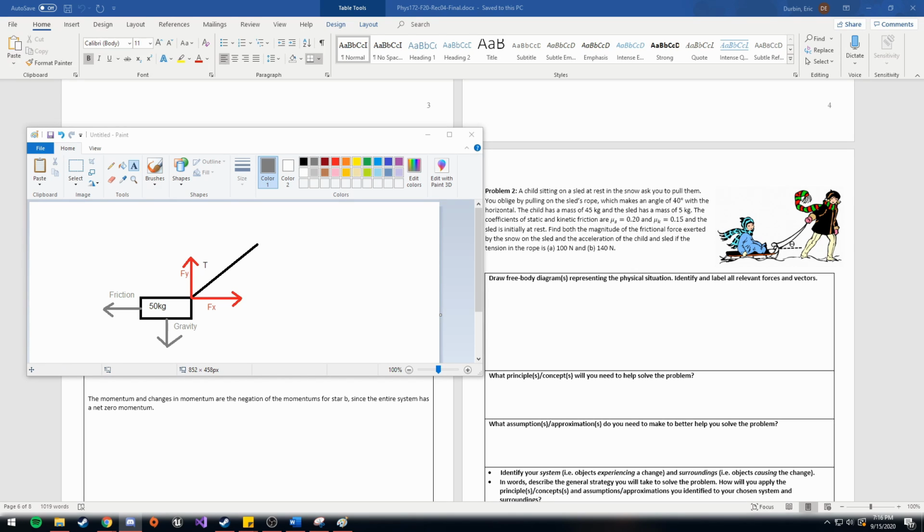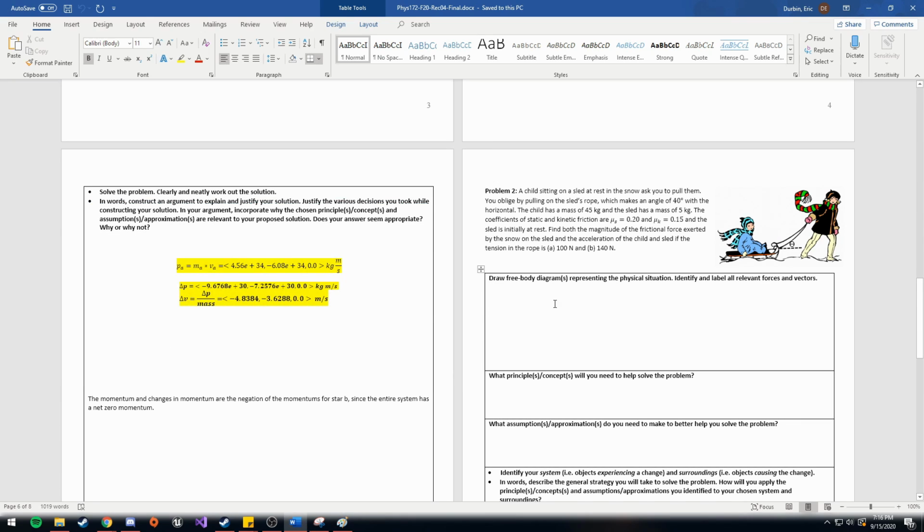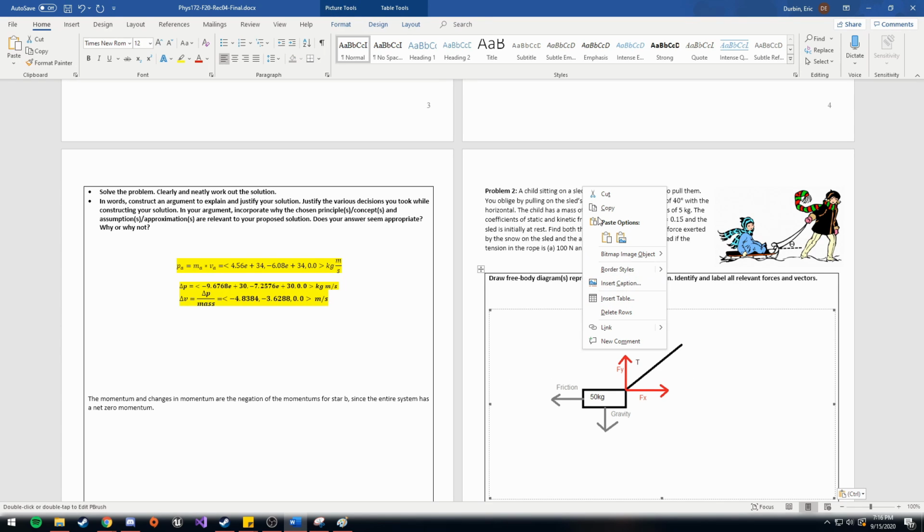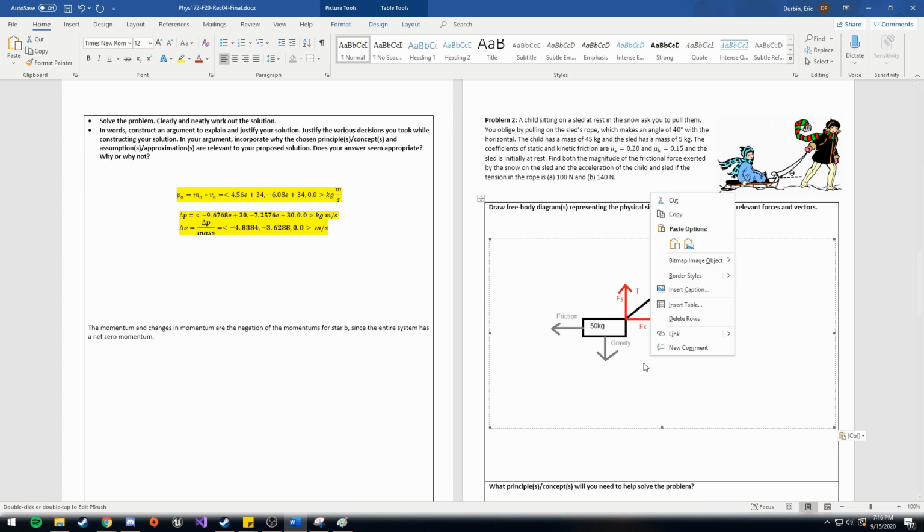And then for our principles, we're going to be using the equations for friction. Do we need the momentum principle? I think so, right?